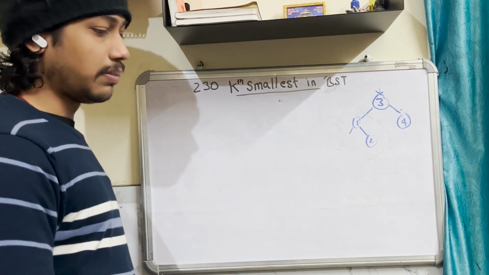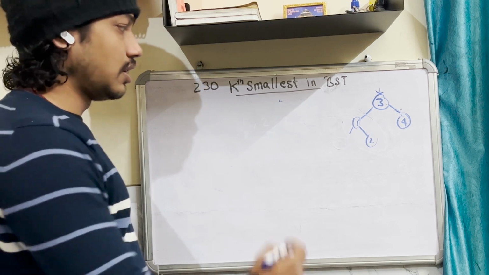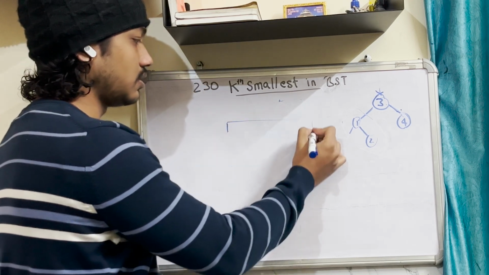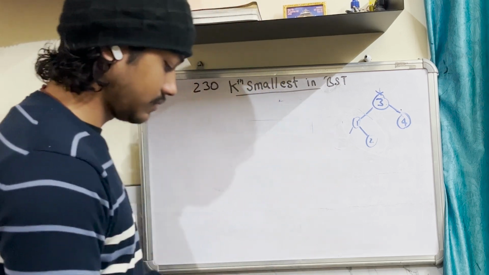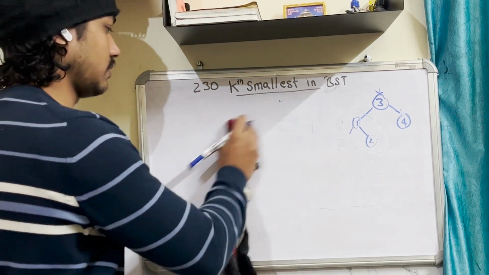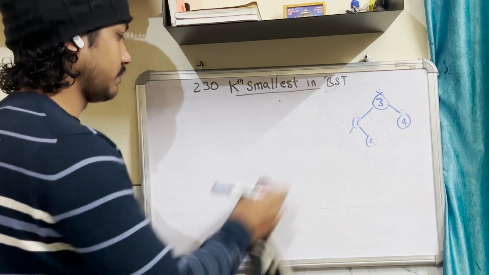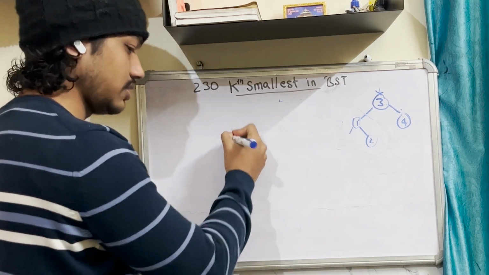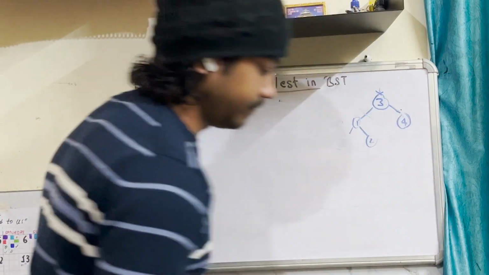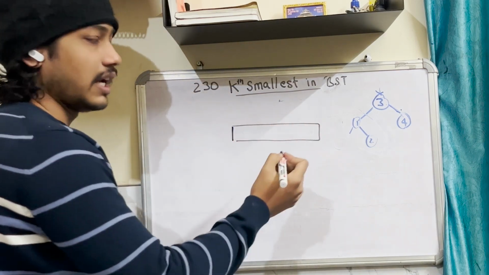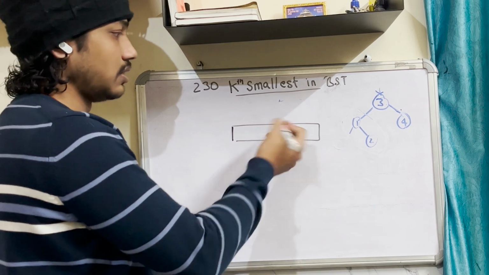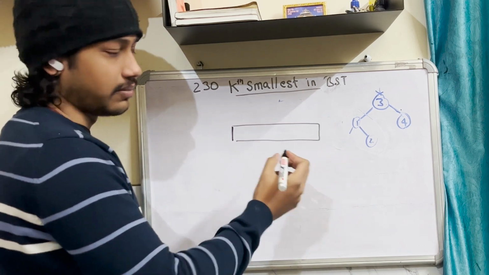The simplest brute force approach is to create a vector or any container. Create a container, and you can put all the values like 1, 2, 3, 4 and sort them.